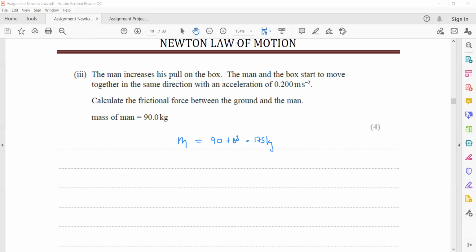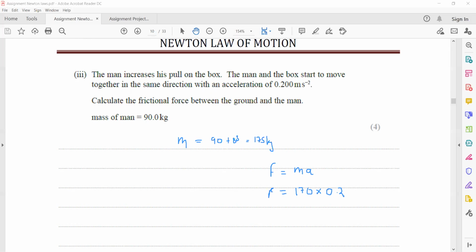Now using this mass, first we will find the resultant force. We have the formula F equals ma. The total mass is 175, multiplied by the acceleration, which is 0.2.